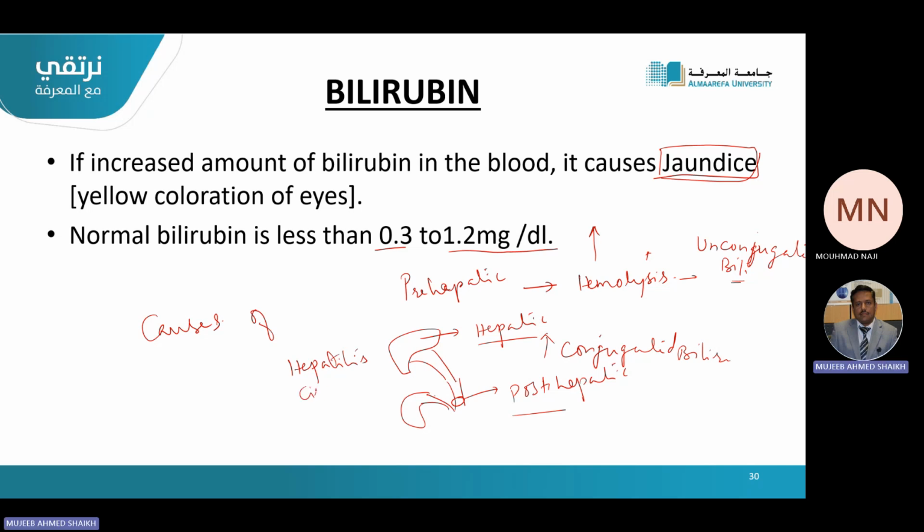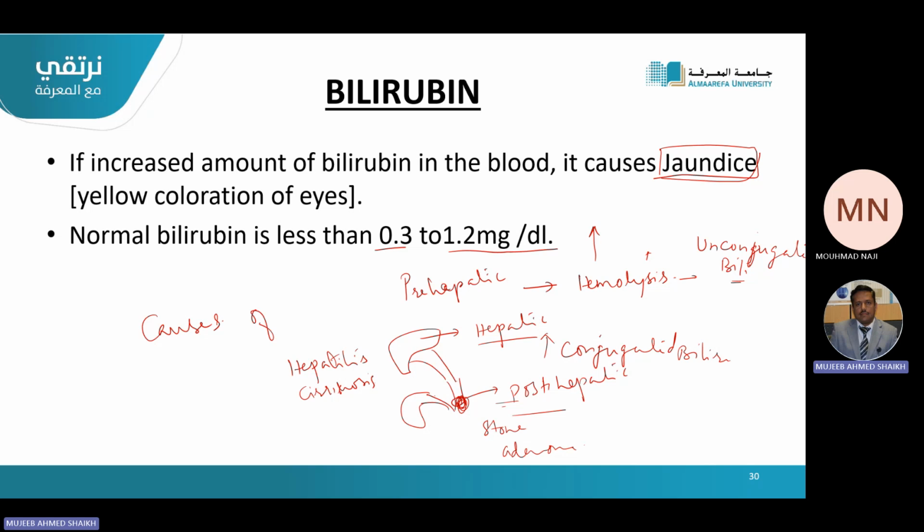It can be due to cirrhosis. And post-hepatic could be due to blockage of the duct, either because of a stone or because of any tumor, adenoma, which can lead to post-hepatic jaundice.